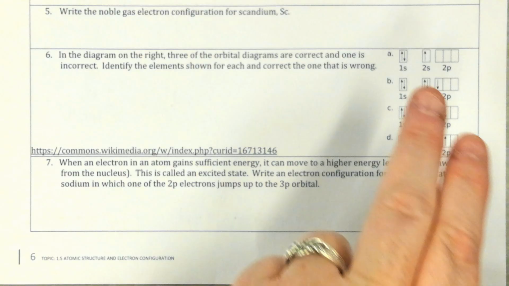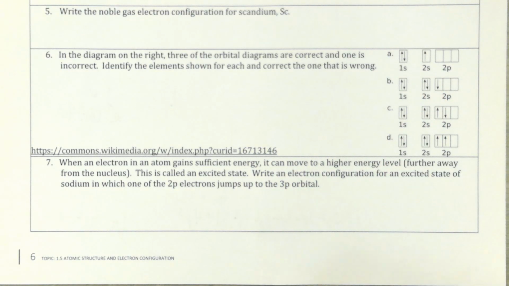So you can draw that out with an orbital diagram, or you can write the electron configuration. Okay. Again, reason this out: what would happen if one electron got excited and jumped from one of the 2p orbitals to 3p? What would you do to the 2p? And you would put the 3p on there.